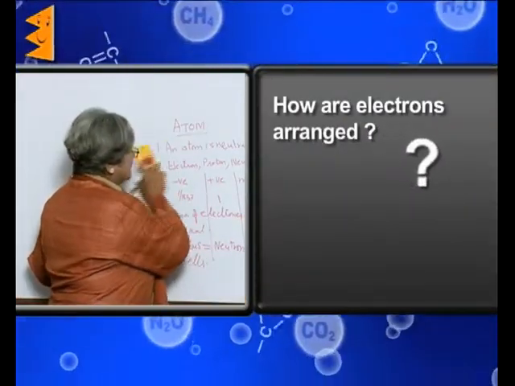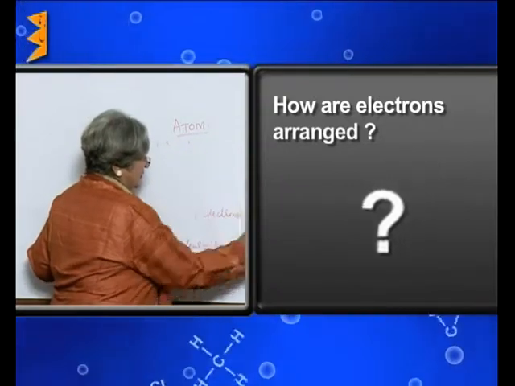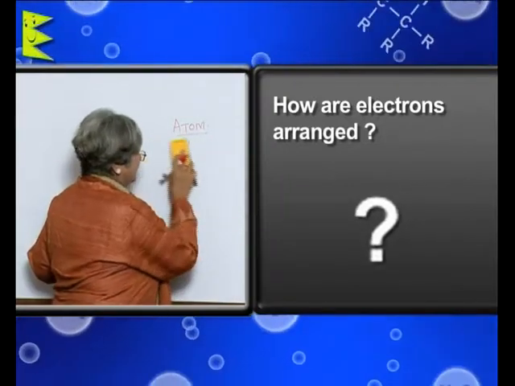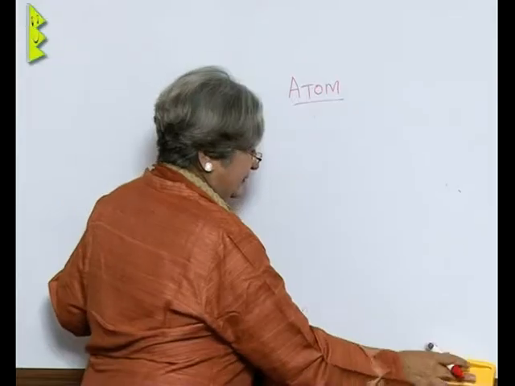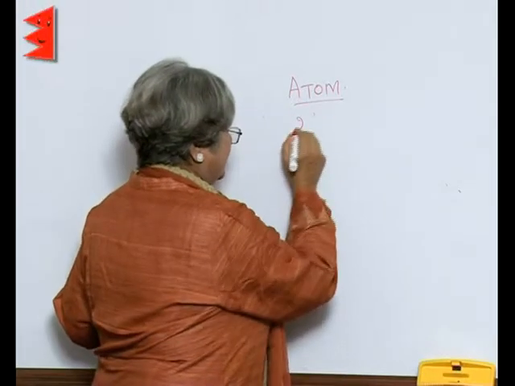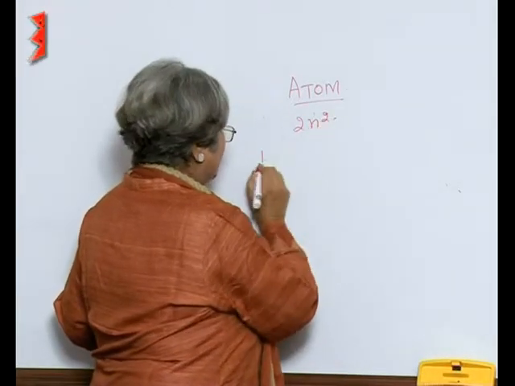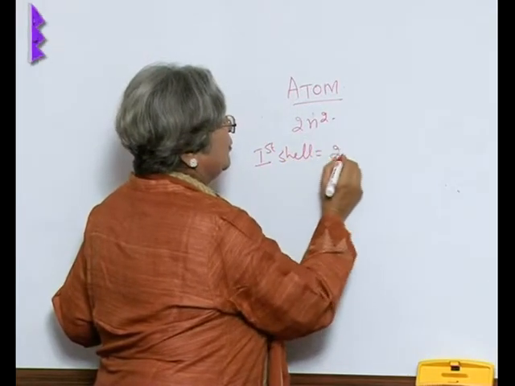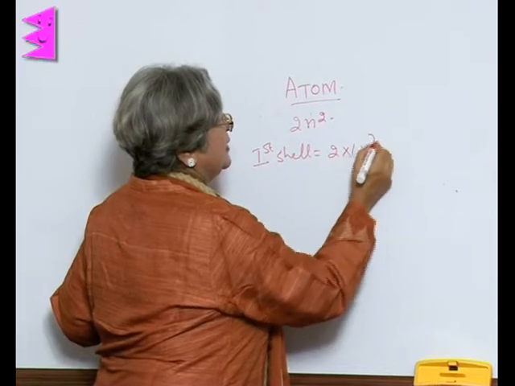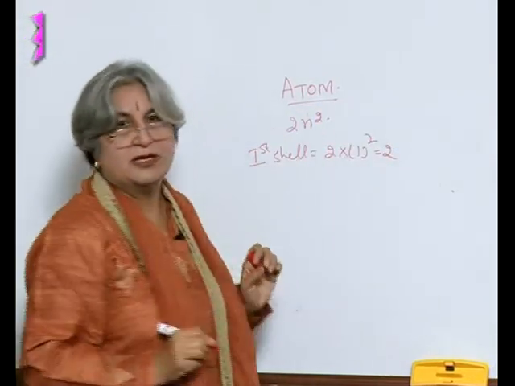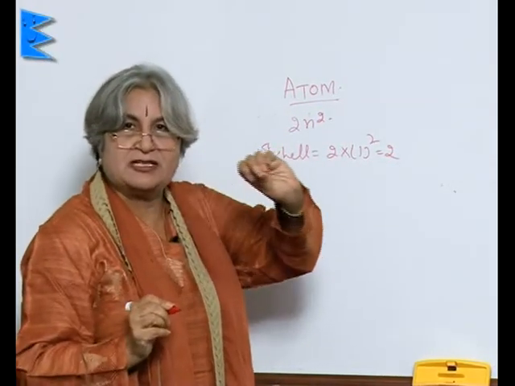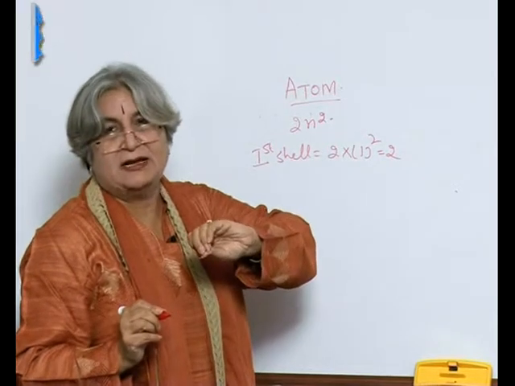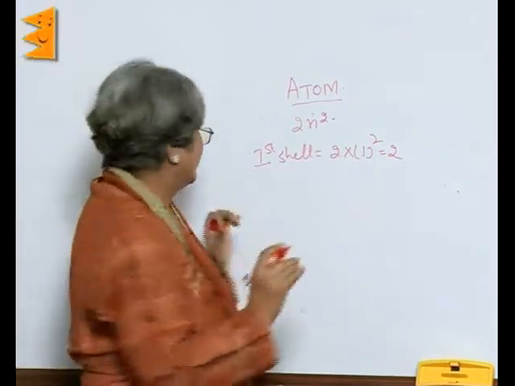For this there is a simple formula, 2n square. Which means first shell will have 2 into 1 whole square, that is 2 electrons, which means every time the first shell, that is called K shell, will have 2 electrons.